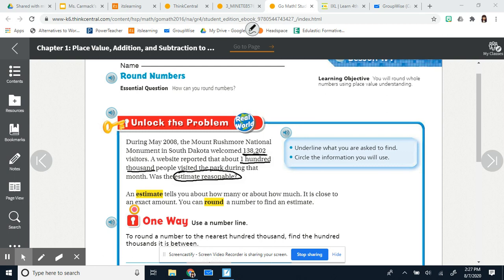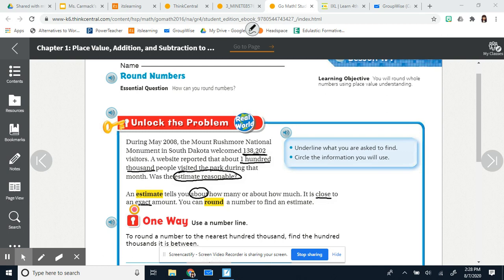An estimate, it's highlighted here, tells you about how many or about how much. It is close to the exact amount. Okay, so it means when we're getting an estimate, this might be a situation where I don't really know how much is there, but I think it's close to this number.